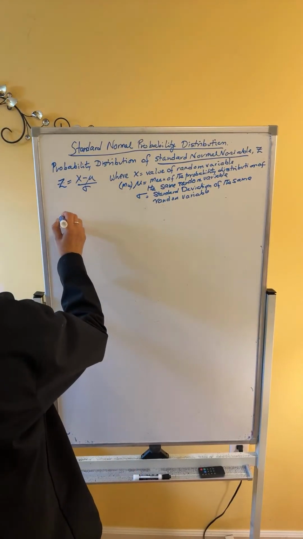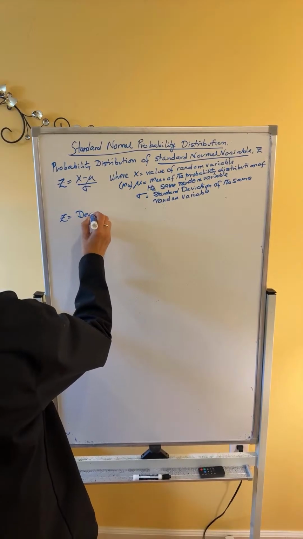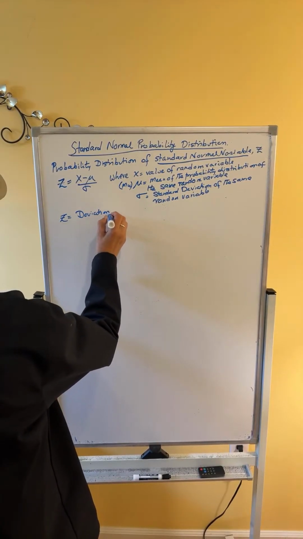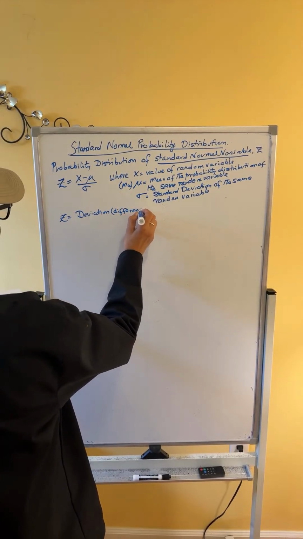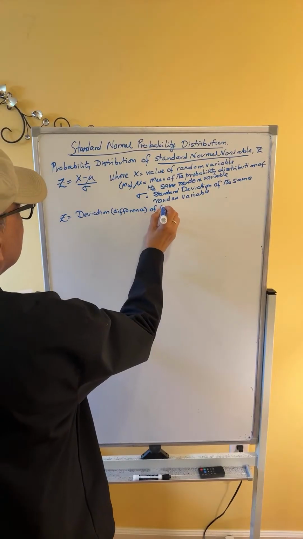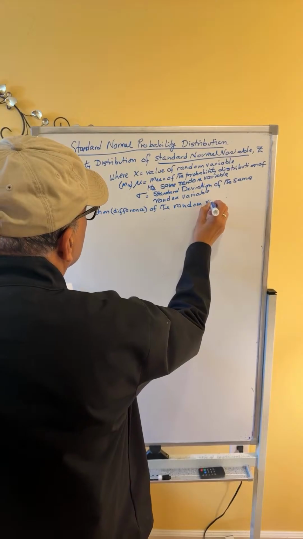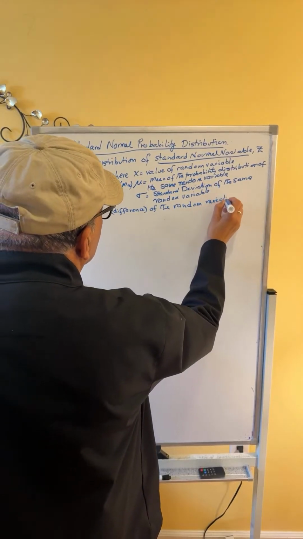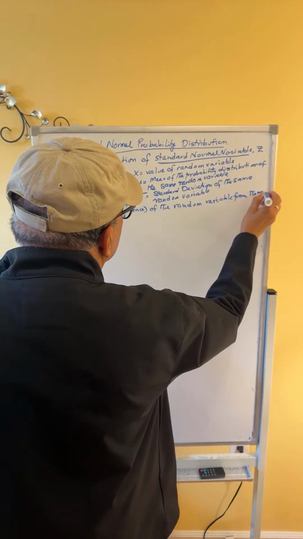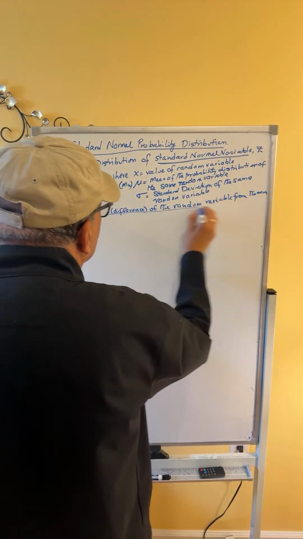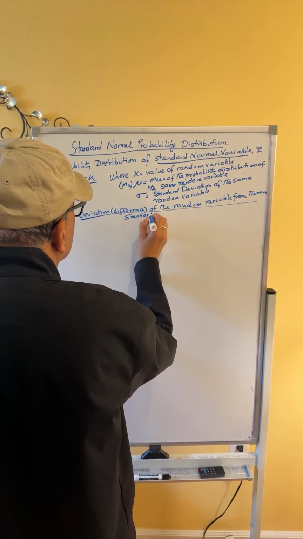So as you can see from the definition, z is a deviation, meaning the difference of the random variable from the mean, divided by the standard deviation.